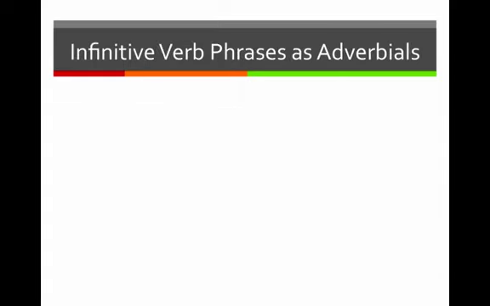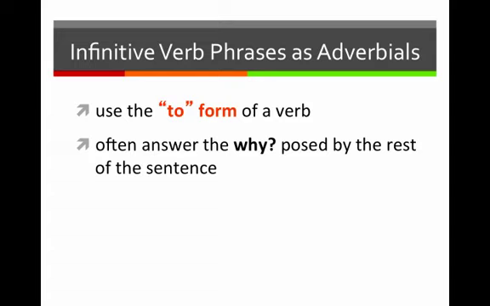At the bottom of page 155, our book talks about infinitive verb phrases as adverbials. As you have reviewed several times now, an infinitive verb phrase is one that uses the to form of a verb. To study, to go, to pray, to need. How do they function as adverbials? Well, they answer the question why that the rest of the sentence sort of anticipates.